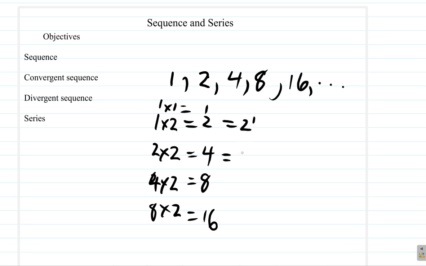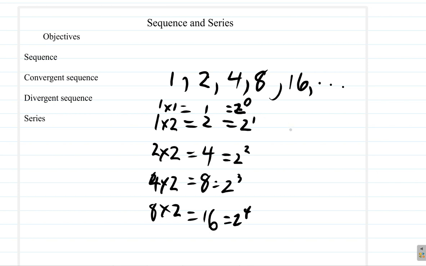You remember your indices, right? 2 squared gives you 4. 2 cubed is 8. 2 to the 4th is 16. 2 to the what gives you 1? You have to remember it's to the 0.